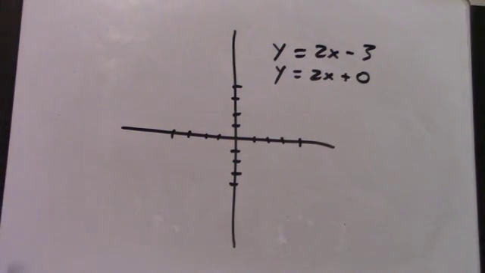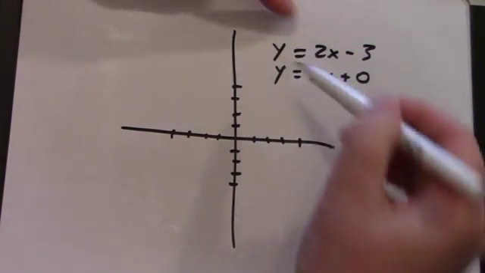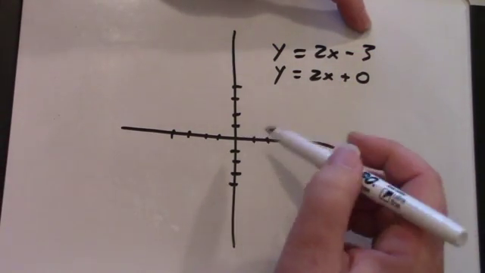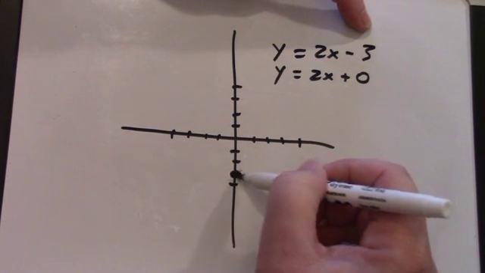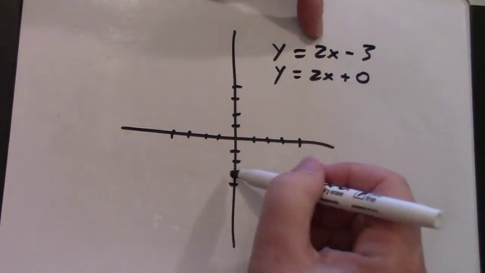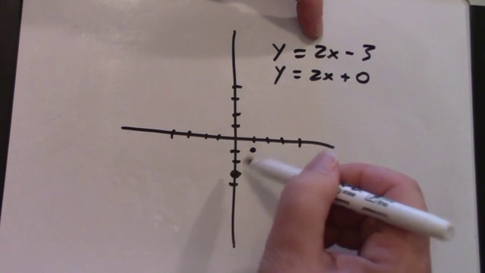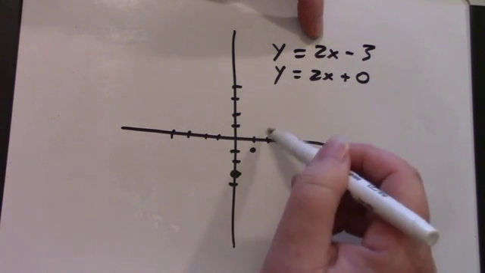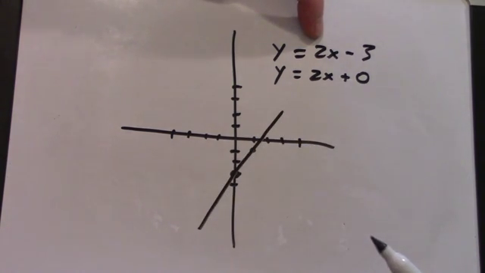So let's graph these two and see what we get. Our first line, minus 3, start at the y-intercept. 1, 2, 3. Our slope is 2. Up 2, over 1, and our line looks like that somewhat.